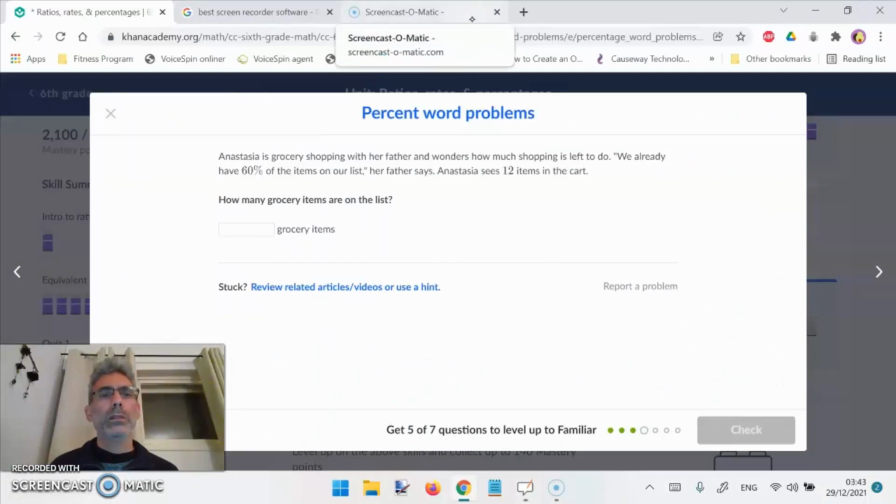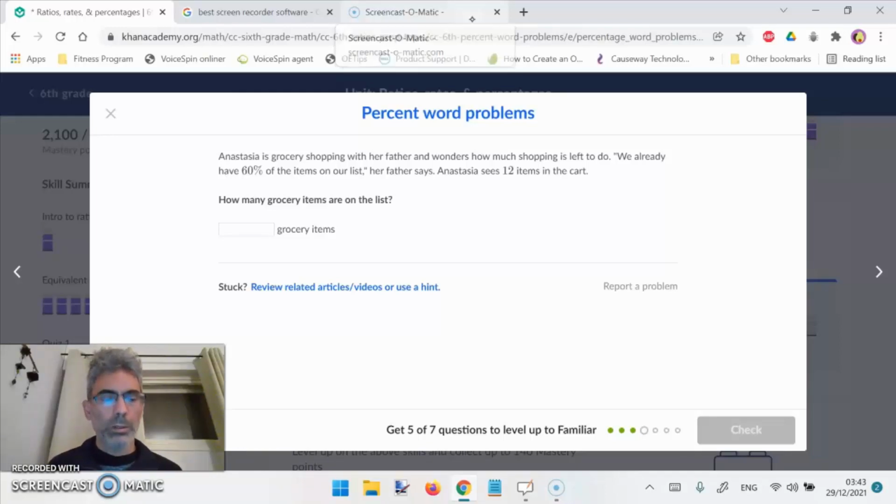Anastasia is grocery shopping with her father and wonders how much shopping is left to do. We already have 60% of the items on our list, the father says. Anastasia sees 12 items in the cart. How many grocery items are on the list?